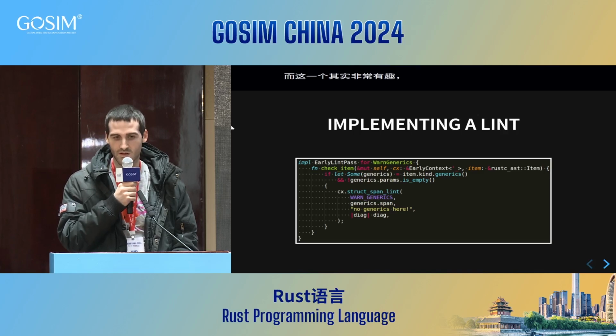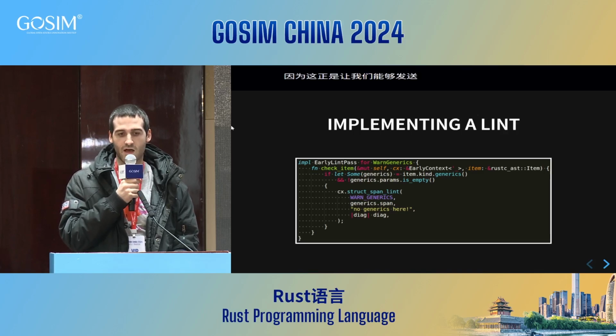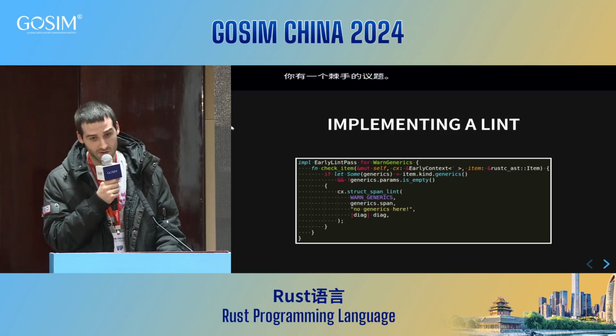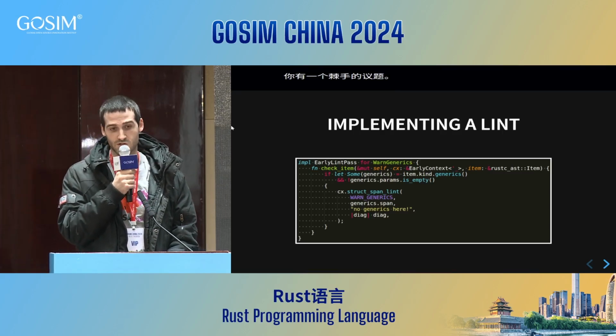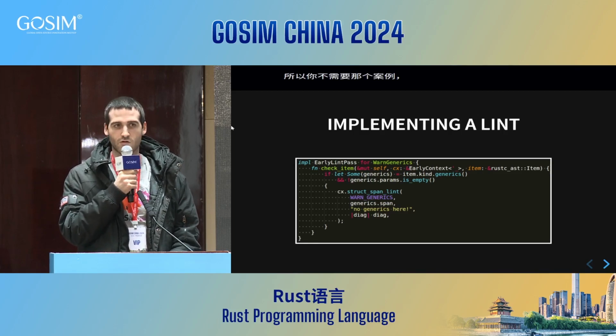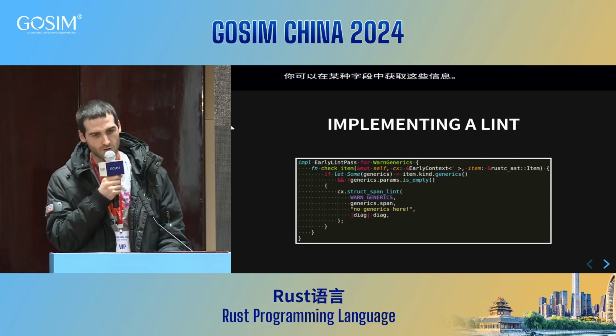Then third, you have an item, or an AST item. In our case, we don't need to know what the type of the item is, but you can get this information in the kind field. Again, all that is available in the compiler documentation. It's very well documented, and I strongly recommend it.